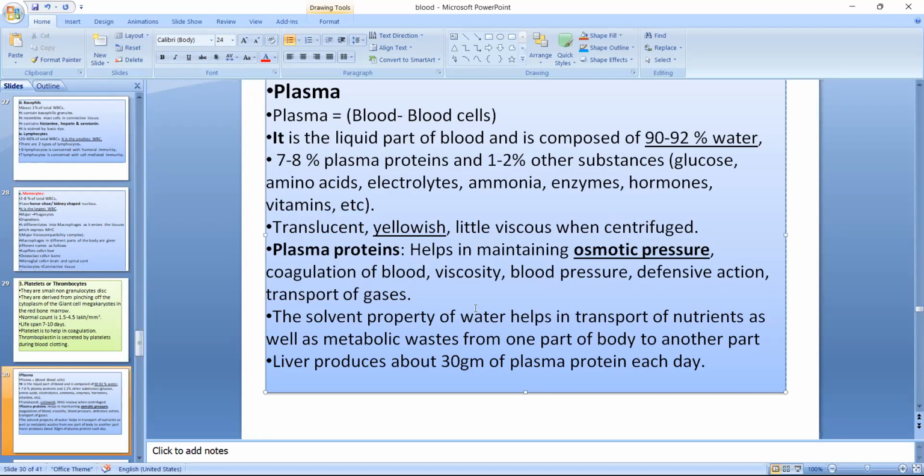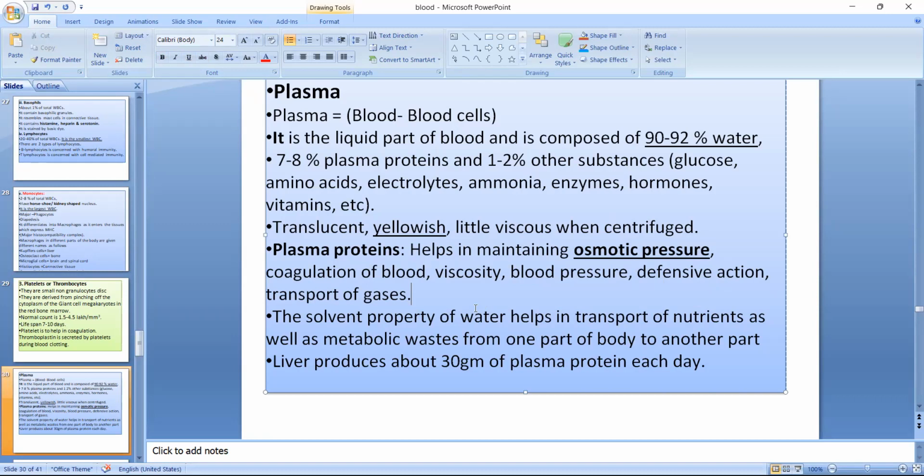So the blood components reach the tissues, and the components that reached are again successfully reabsorbed into the blood capillaries.